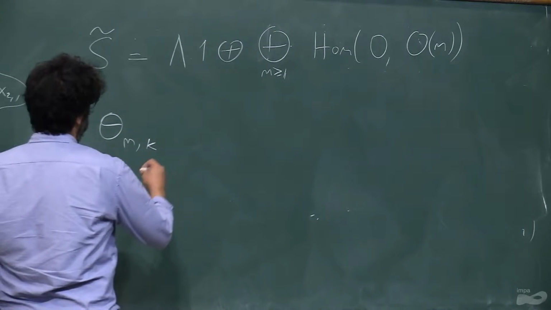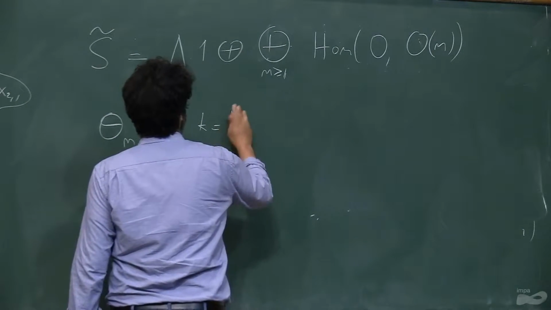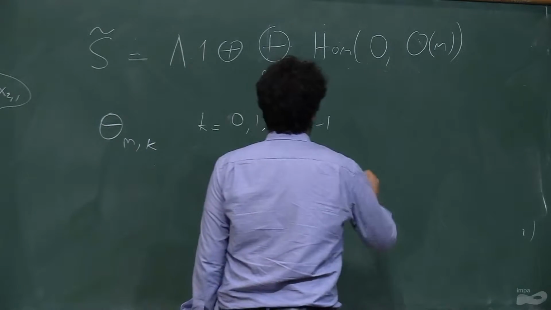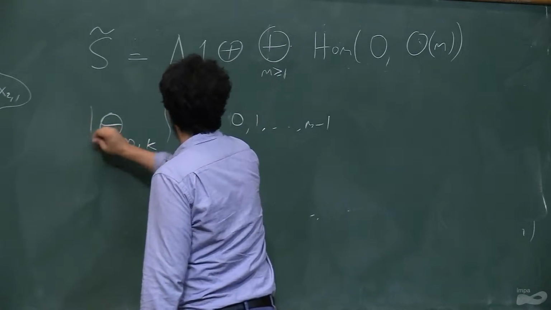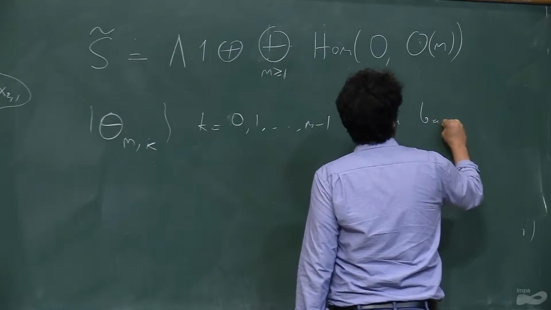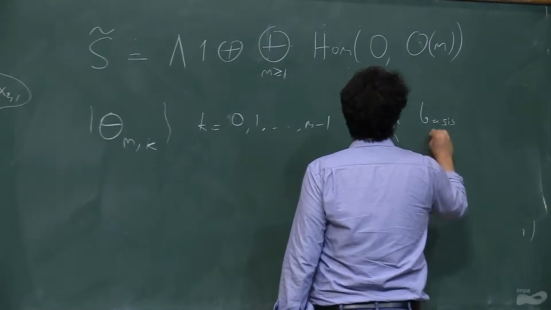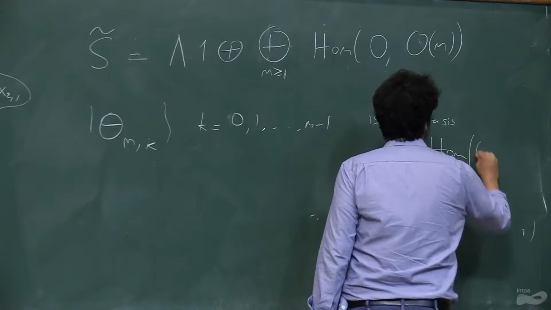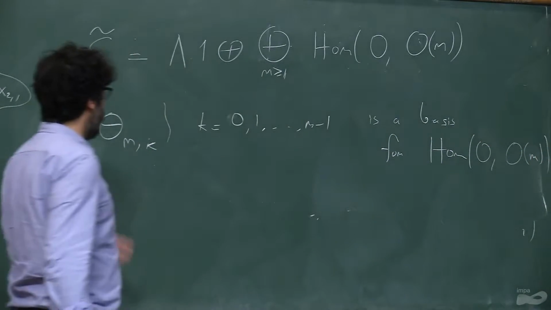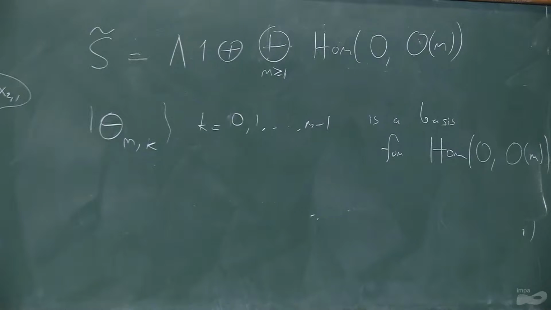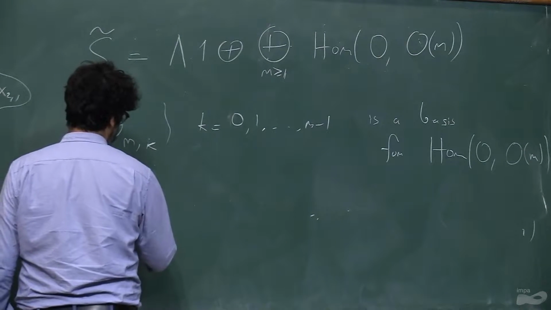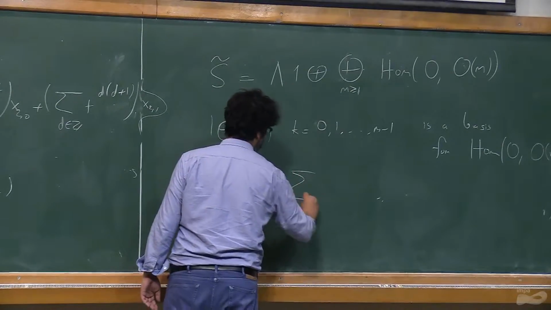So let's say theta mk for k equals 0, 1, up to m minus 1. So these m functions are a basis for the sections. Okay, and these theta functions are explicit functions, so we can just read about them in Mumford's book.